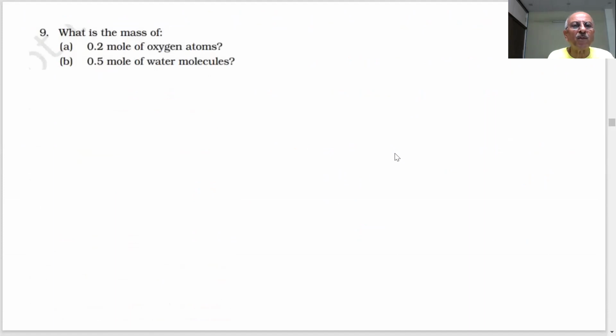What is the mass of 0.2 mole of oxygen atoms? What is the formula? n is equal to mass by molar mass. Mass divided by molar mass gives moles.